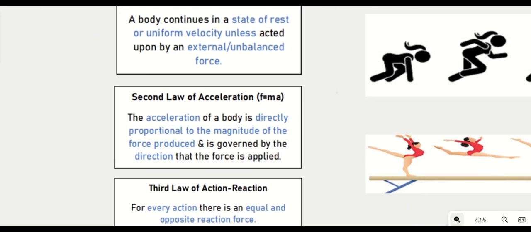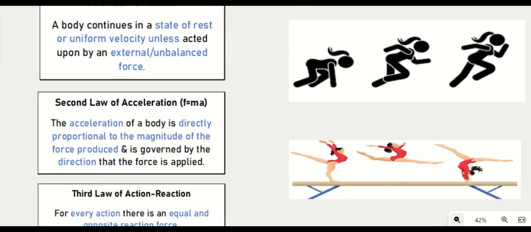Now this is interesting because with the second law, you'll usually get a mark for giving the little formula. So force equals mass times acceleration. And we know that in sport, the mass of a body, so if we look at the gymnast and the sprinter there, their mass isn't going to change from the start of that race or event to the end of it. So their mass remains the same.